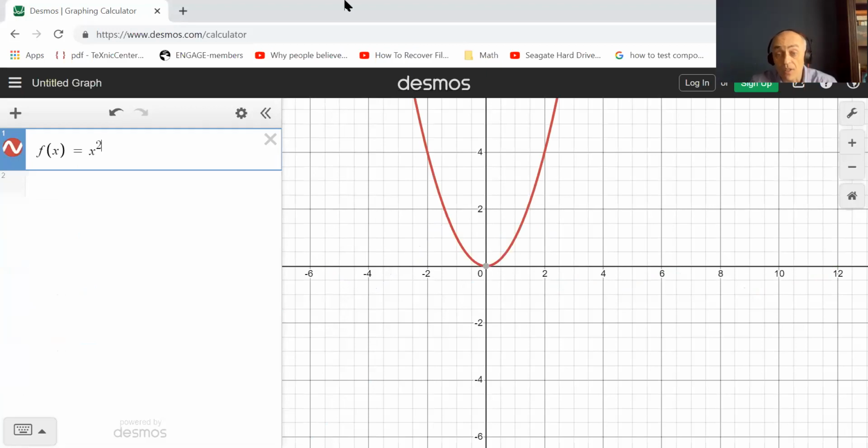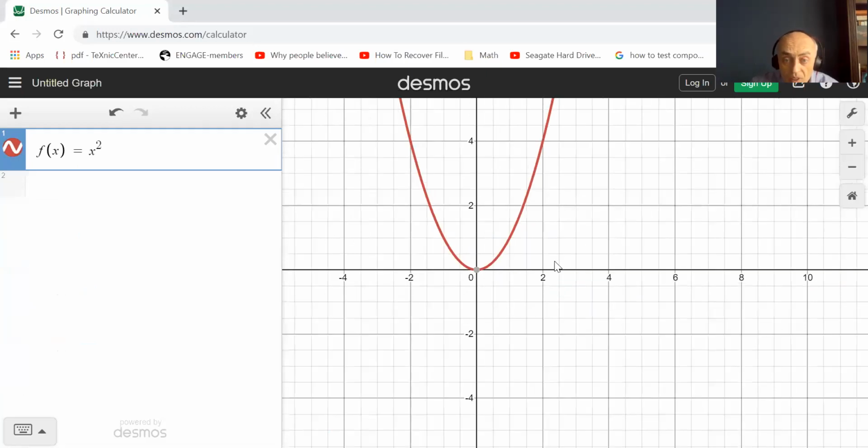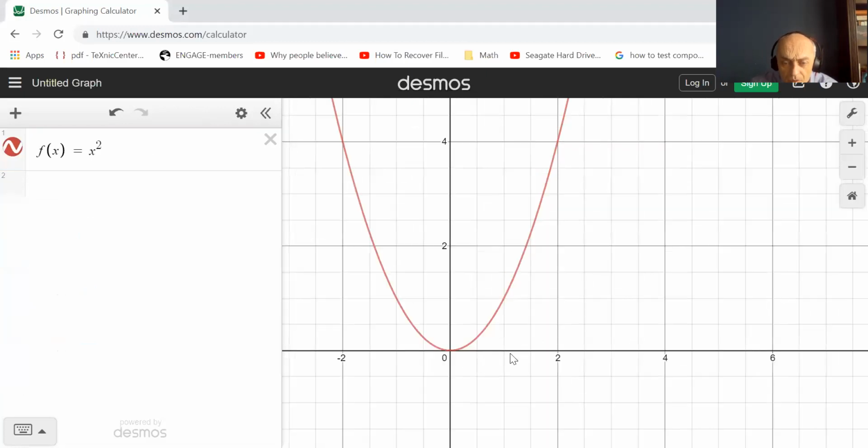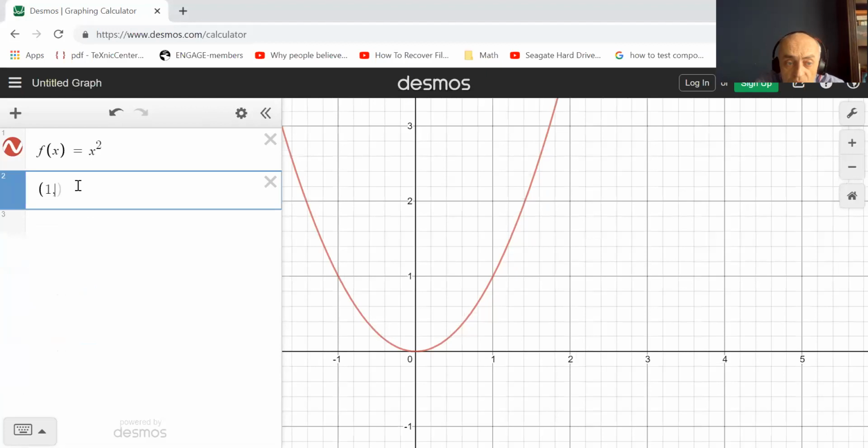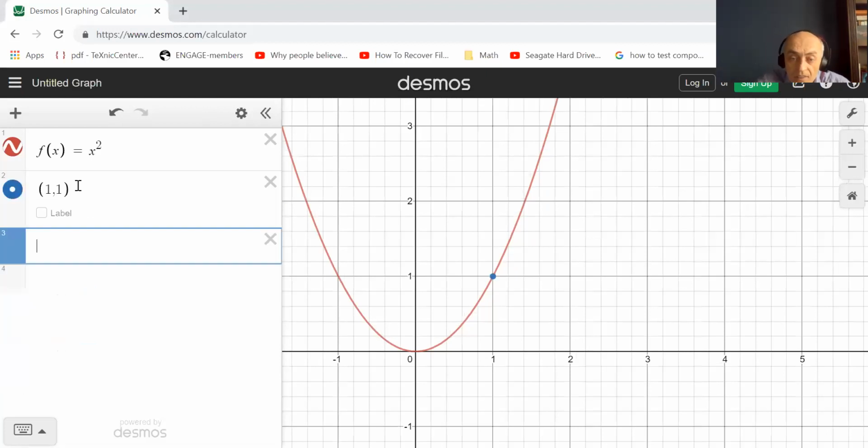We said that's our parabola, and we want to zoom in a little bit here because I want to show, okay, there we go, it shows 1. Let's plot the point 1, comma 1. I just zoomed in a little bit, so we plot the point, and the point is here.